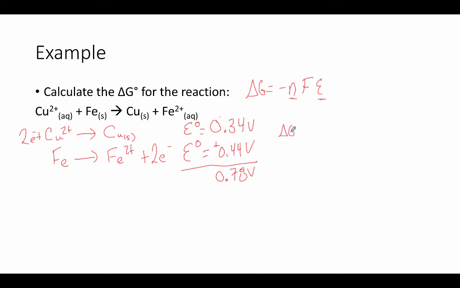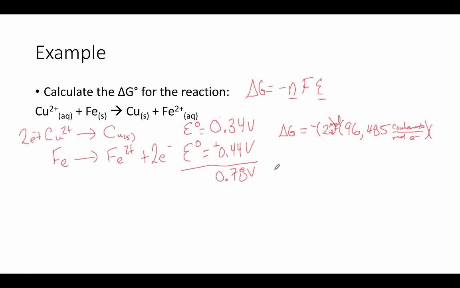So that means delta G is equal to negative, and in here we have 2 electrons being transferred total, so it's going to be negative 2 times F, which we said is a constant of 96,485. The 2 is moles of electrons, and the constant is coulombs per mole of electrons.